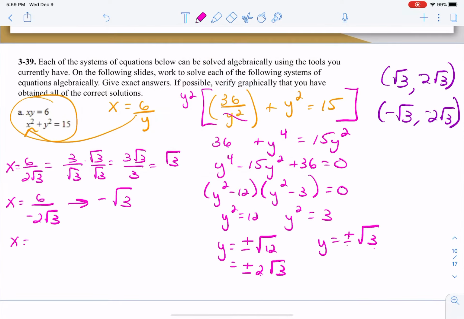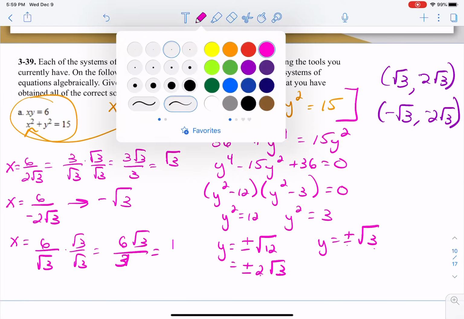Putting in a positive square root of 3 for the y, I get 2 times the square root of 3.